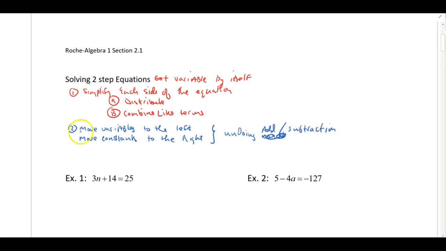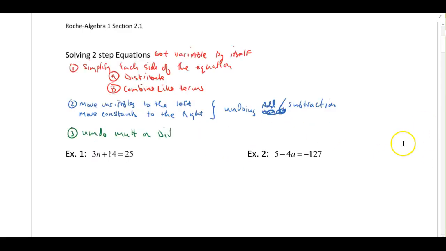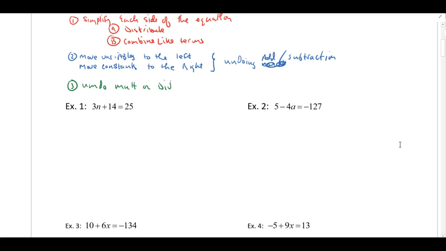Now, once we're done with this, our third step is to basically undo any multiplication or division. Okay, so if you want to pause the video and write this down, that'd be great. Okay, so when we look at this through the next 6 examples, catch on to the patterns on how I'm moving things, how I'm undoing operations, and all those good things.